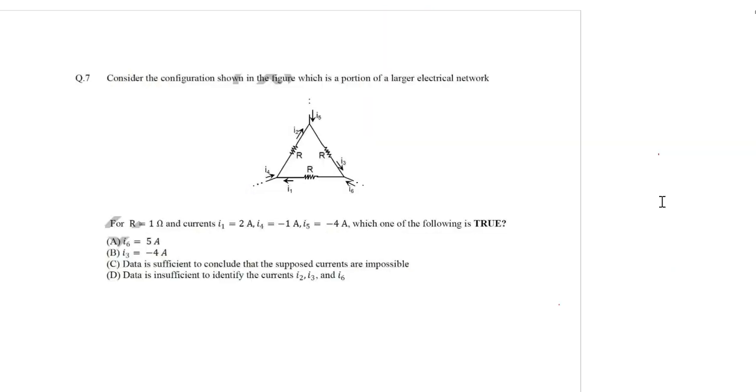Now come to another question which has been asked in GATE 2014. Consider the configuration shown in the figure, which is a portion of a larger electrical network. All the currents have been marked properly. Given that R equal to 1 ohm, all these are equal to 1 ohm.